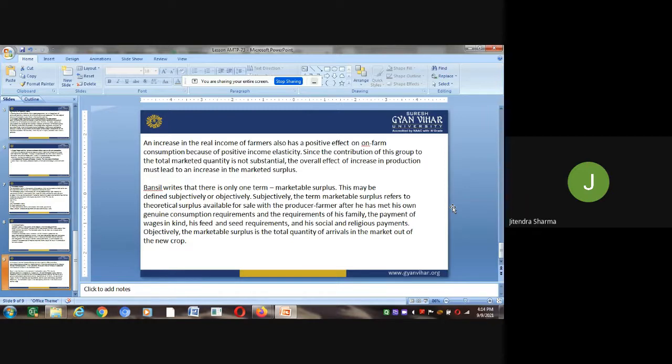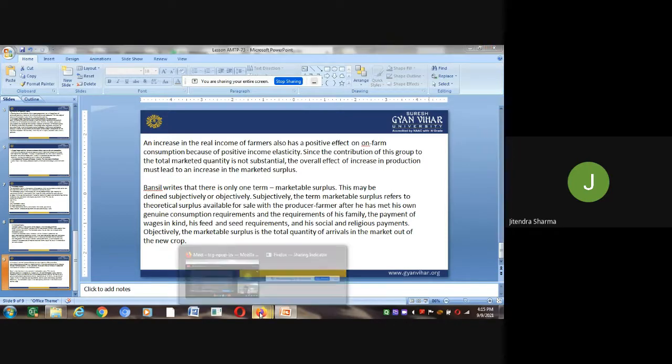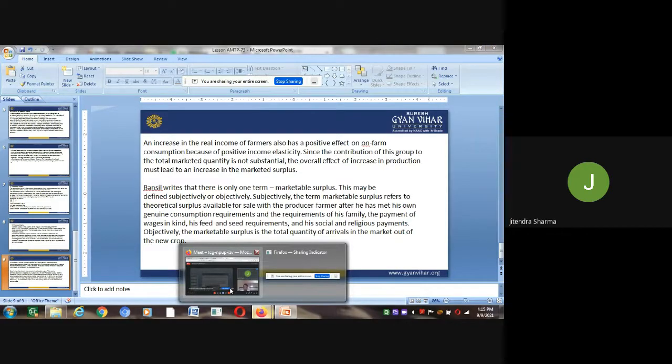If we want to design the storage facilities and everything in a perfect manner, we have to have the producer surplus information, the marketable surplus information, and the marketed surplus information. Then the country can facilitate its resources for growth and development.